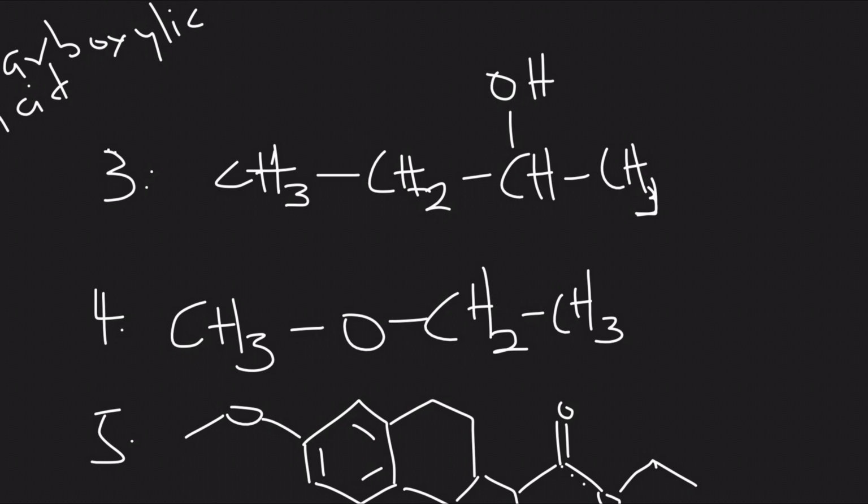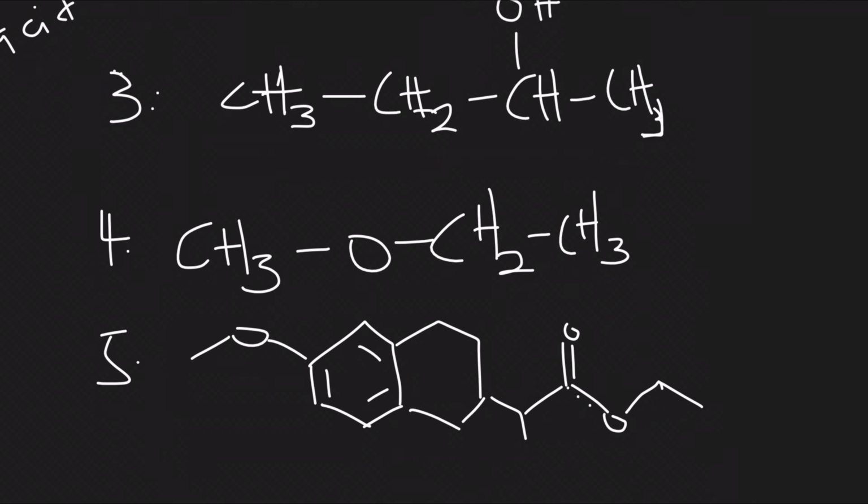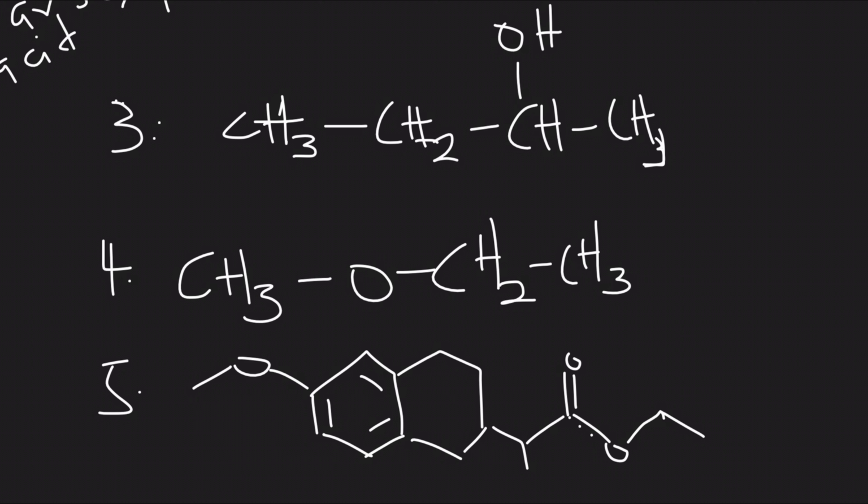Here we have CH3, CH2, CH bonded to an OH and CH3. So here, when you remember from the first three that we spoke about first, we mentioned an alcohol or a hydroxyl or hydroxide group, and we see one present here.